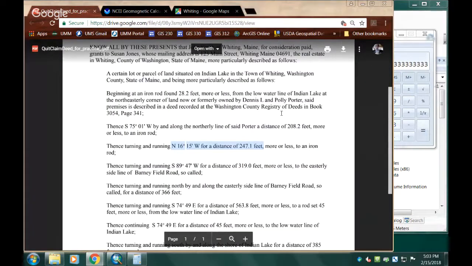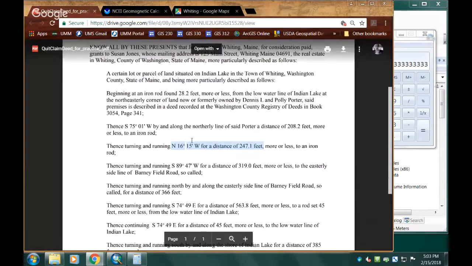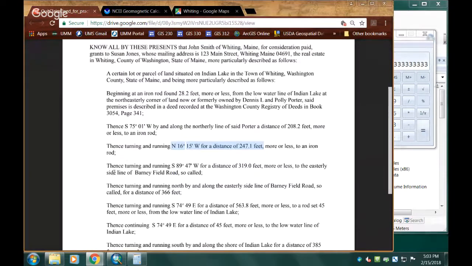Another iron rod. So let me grab the rod and put that there. So there's that. And then, thence turning and running south 89.47 for a distance of 319 feet.